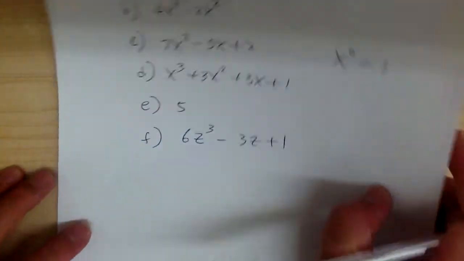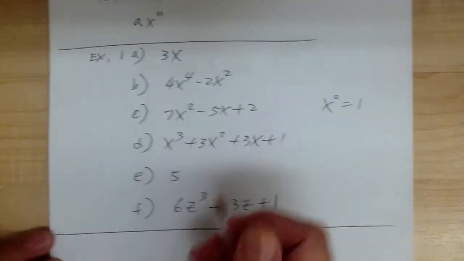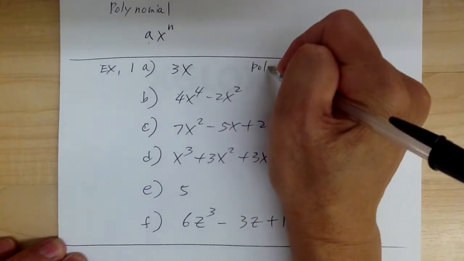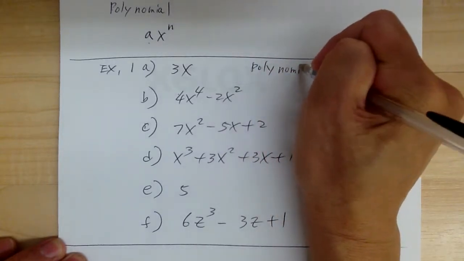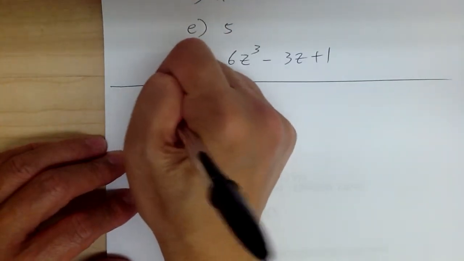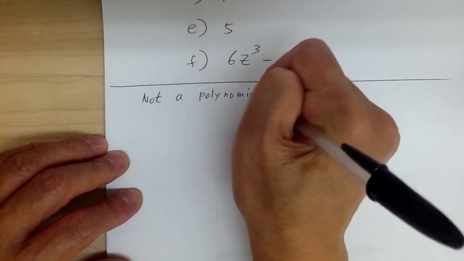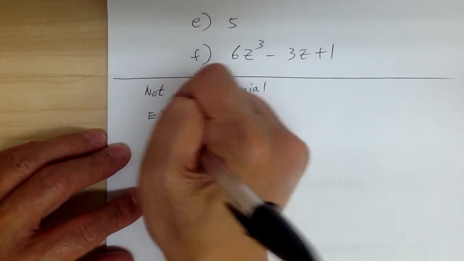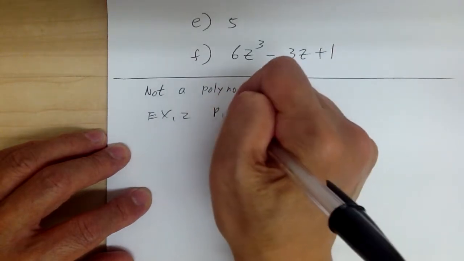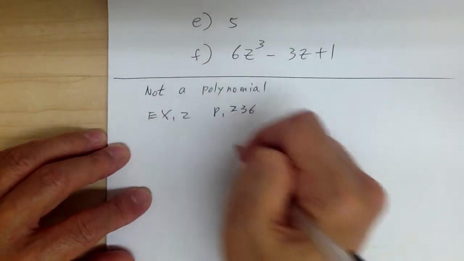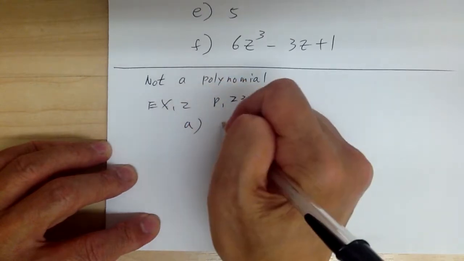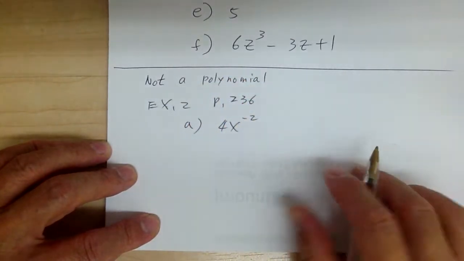Okay, so let's go to example 2. Let's look at examples of non-polynomials. Example 2 on page 236. So A, you got 4x to the minus 2.